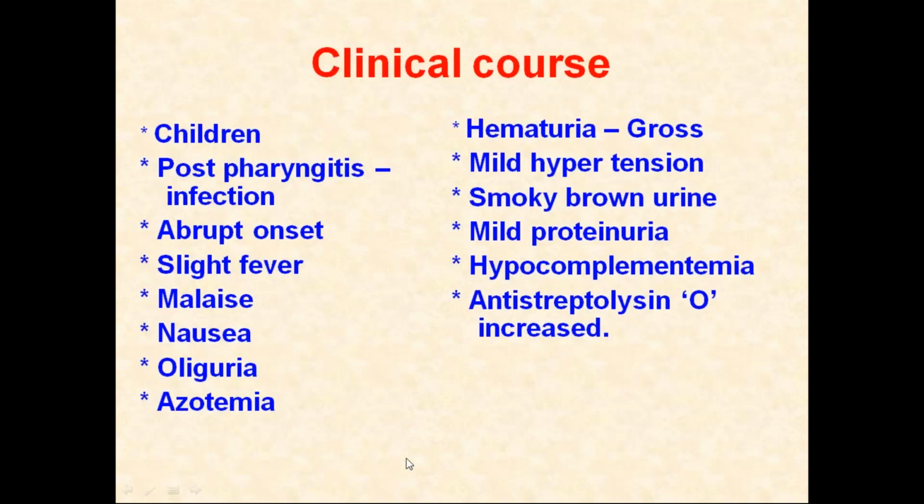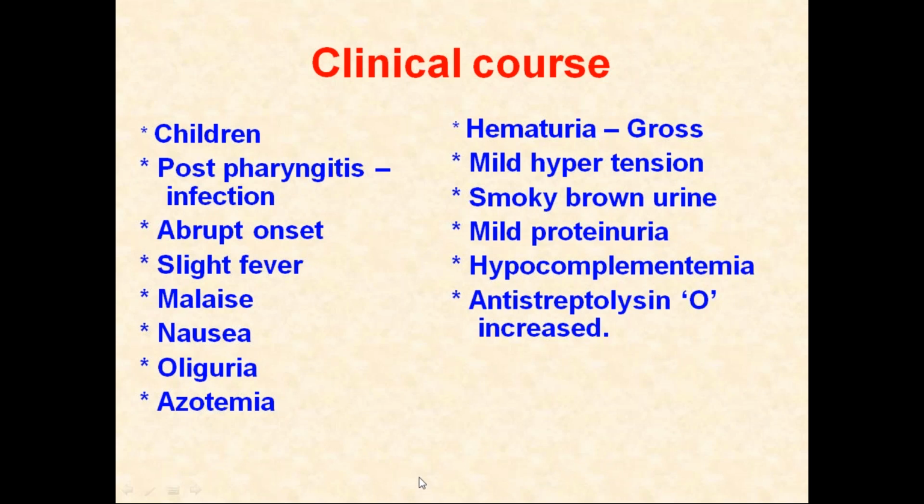Already we have discussed the clinical course. It is more common in children, with post-pharyngitis infection, acute in onset with slight fever, malaise, nausea, oliguria, and azotemia. The most important feature here is hematuria.